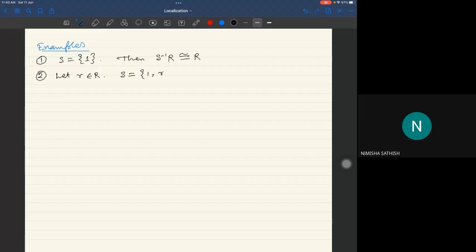This S inverse M is denoted by M suffix r.